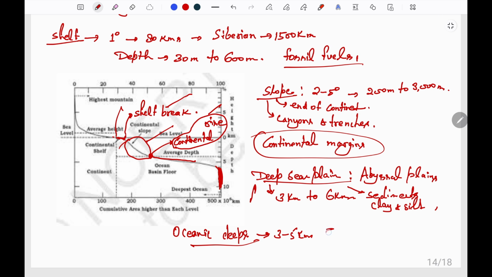There are around 57 oceanic deeps that have been discovered, and out of them, 32 are present in the Pacific Ocean, 19 in the Atlantic, and 6 in the Indian Ocean region.